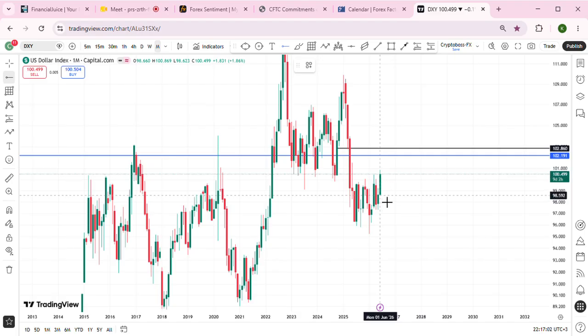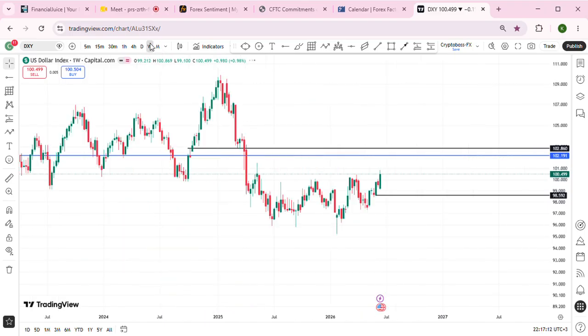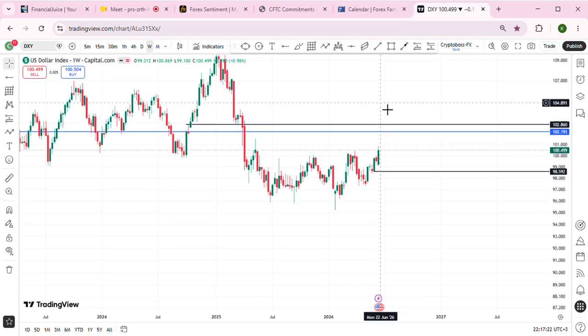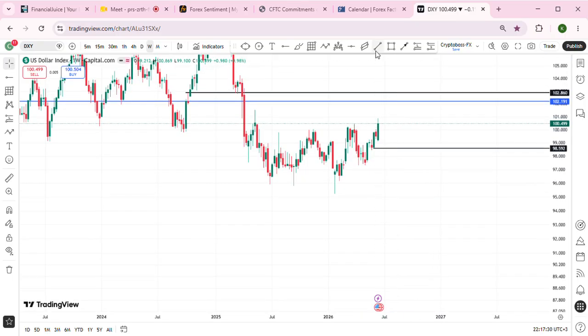So I can mark the recent max low. The market has already taken out last month's high. So there's nothing much to check on the monthly time frame. So we come to the weekly time frame.